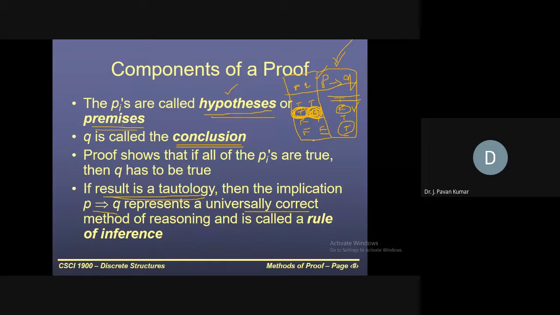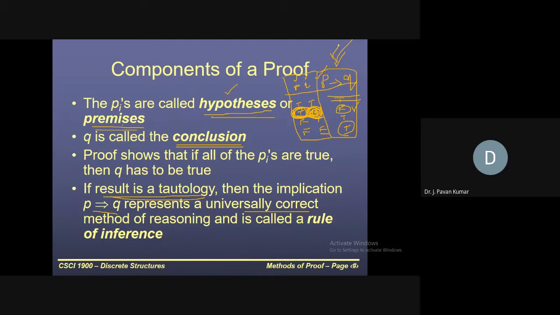So irrespective of other truth values, whether Q is false or true, or P is false or true, this T and F combination will not arise at all. So we will be getting P implies Q as a tautology. Based upon this only, everything we will work out afterwards. This you keep in mind.